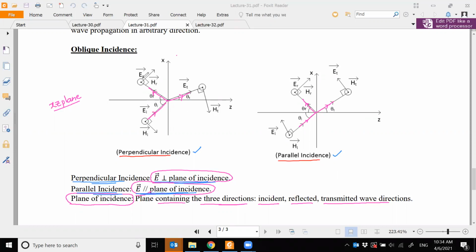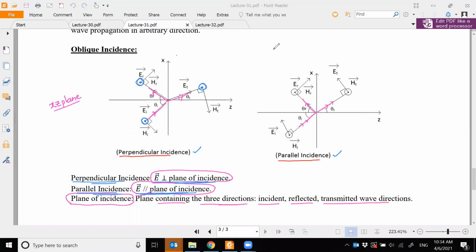Now, my electric fields are all coming out of the screen. Can you see this? That means my electric field is perpendicular to the XZ plane, and that's why it is called a perpendicular incidence.